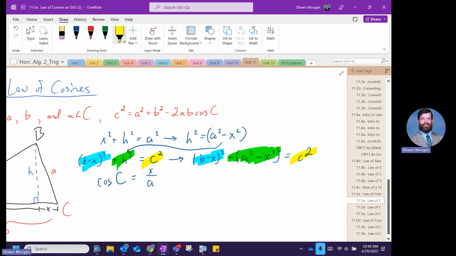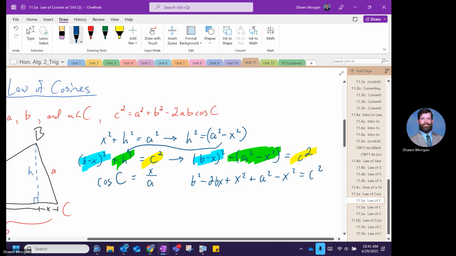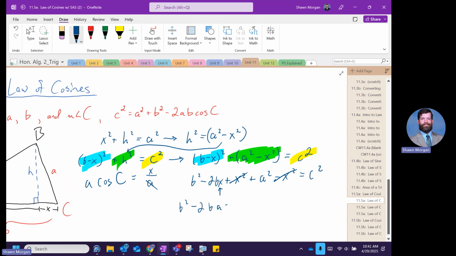All right, so let's see if we can do a little bit of algebra here then. What's b minus x times b minus x? Is that b squared minus 2bx plus x squared? Anything cancel out? X squared. And then can we solve for x in this third line? Get x by itself. All right, so we'll do a swap for that. We got b squared minus 2ba cosine c.